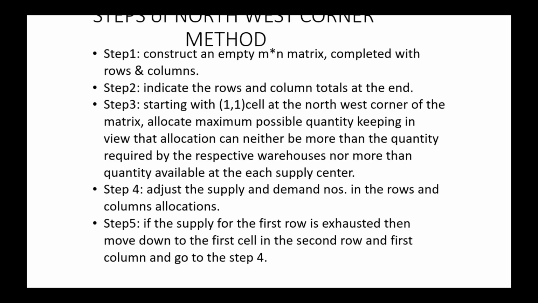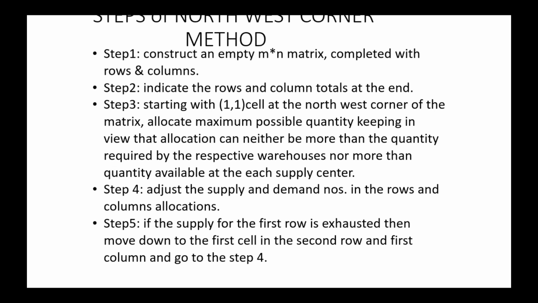Now, we have the steps to take on the northwest corner method. Step one is to construct an empty n by n matrix complete with rows and columns. Step two, indicate the row and column totals at the end. Step three, starting with the one-one cell at the northwest corner of the matrix, allocate the maximum possible quantity, keeping in view that allocation can neither be more than the quantity required.